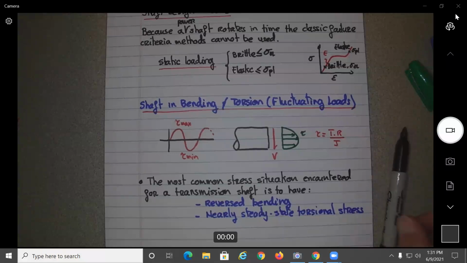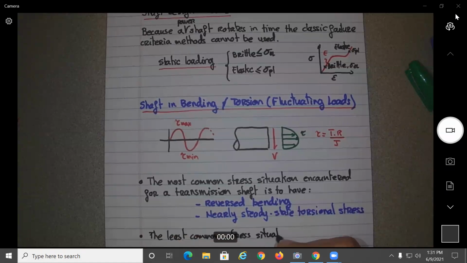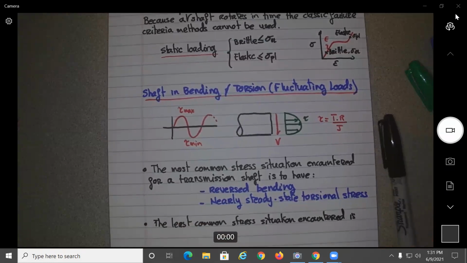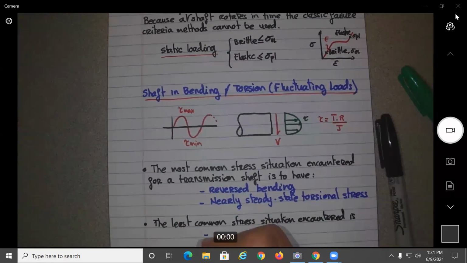Okay, and let's say the least common stress situation encountered is, so we're still going to have reverse bending. This is always going to happen.